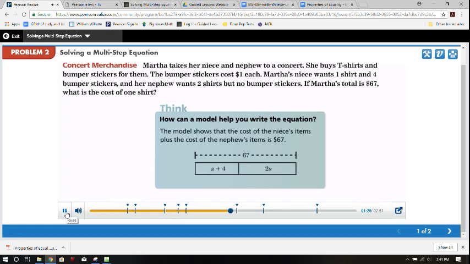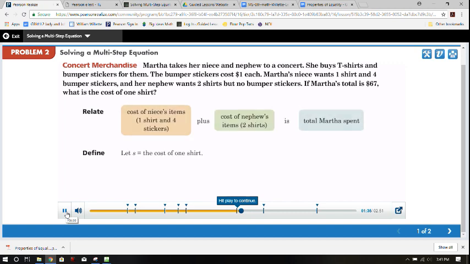The model shows that the cost of the niece's items plus the cost of the nephew's items is $67. Write and solve an equation that models the situation. The quantity S plus 4, plus 2S, equals 67.